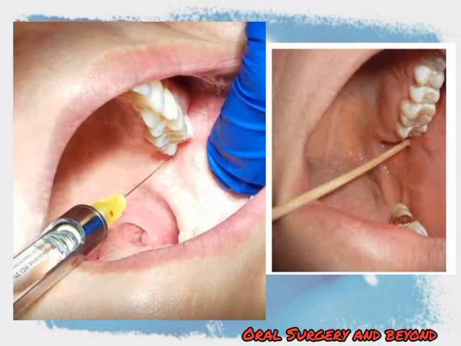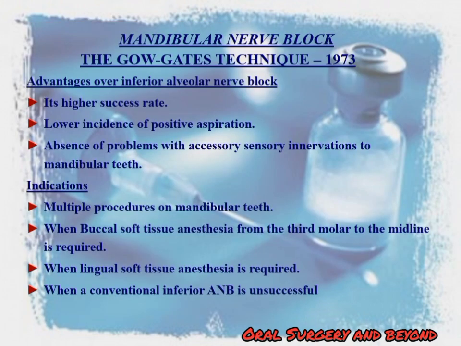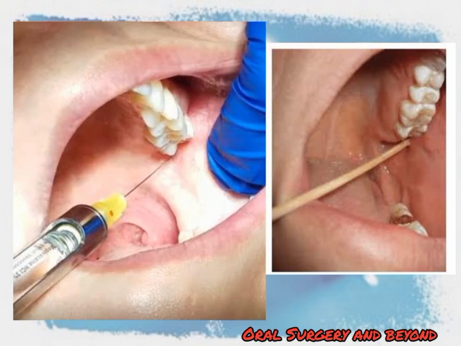As I said earlier, if you have not yet tried it, believe me, this is one of the simple and more accurate techniques. You should try it once. In this slide I am showing you the point of insertion. For the Gow-Gates mandibular technique, you have to keep this anatomical landmark in your mind.